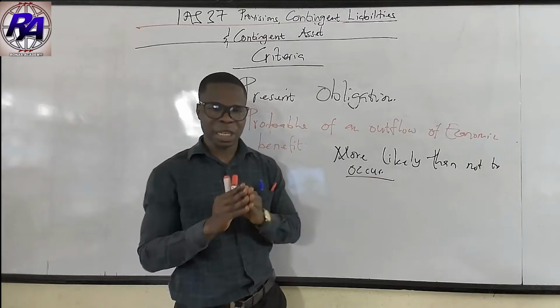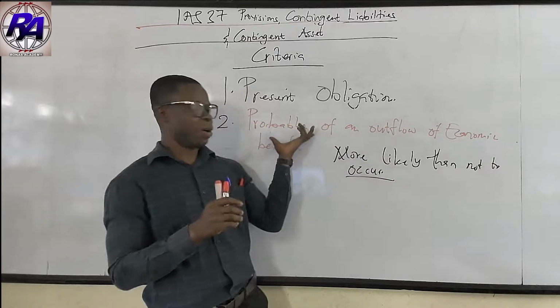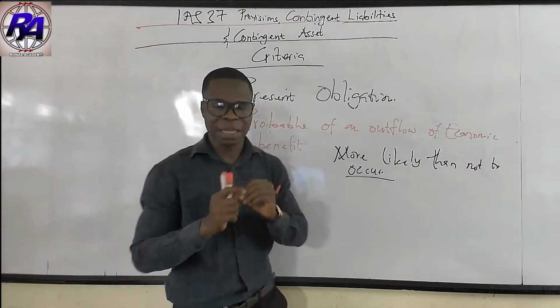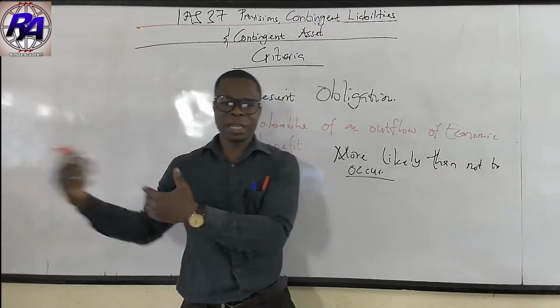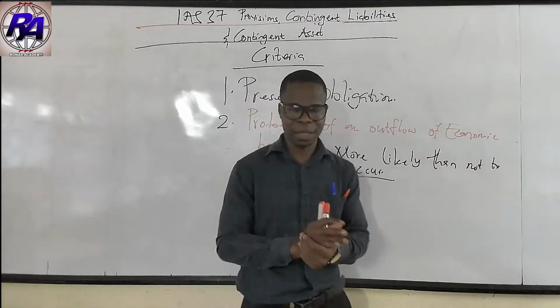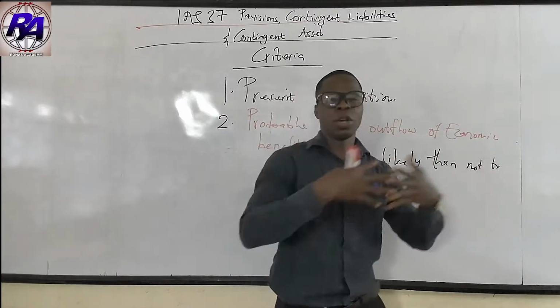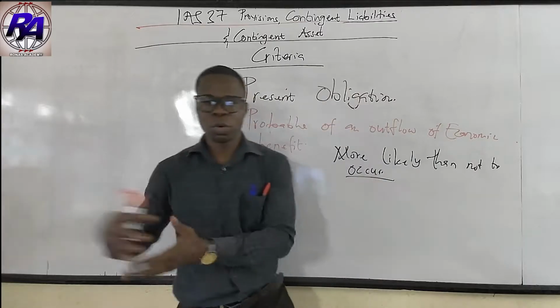Anytime a provision does not meet this particular criterion, then it leads to something else which we will discuss later. That is contingent liability, because that is leading to a possible obligation but not a probable obligation.